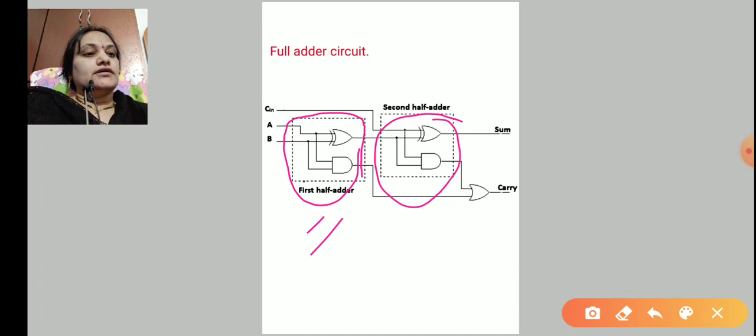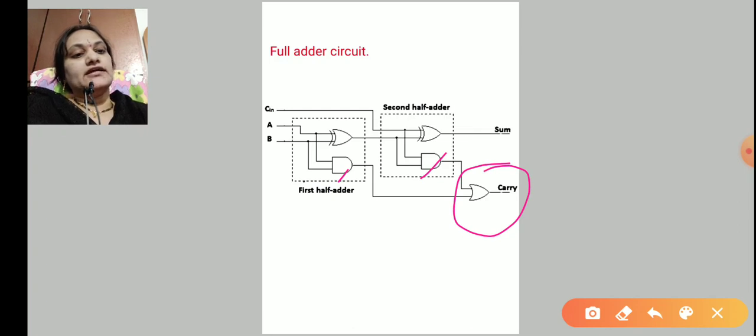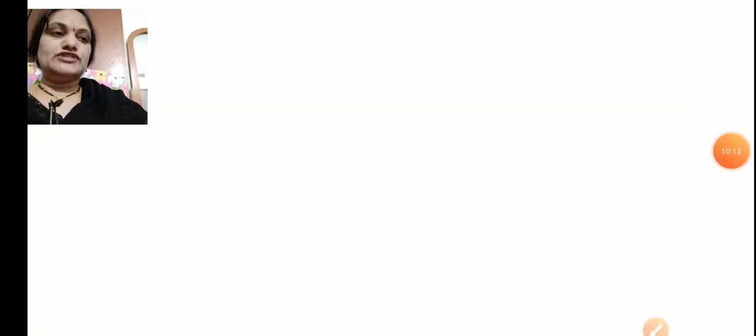To make a full adder we require 2 XOR gates and 2 AND gates, and one more gate for carry, that is the OR gate. While observing this circuit of the full adder, you may feel some difficulty. Let me explain how to draw it in the easiest way.